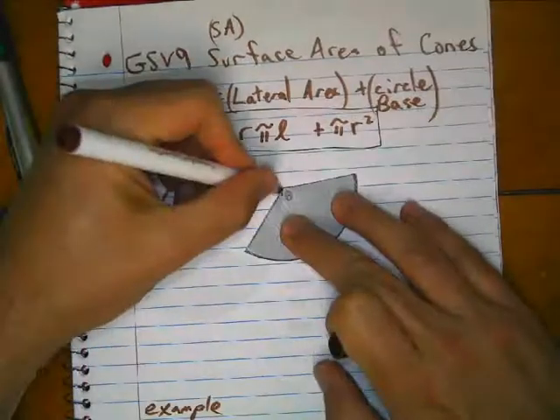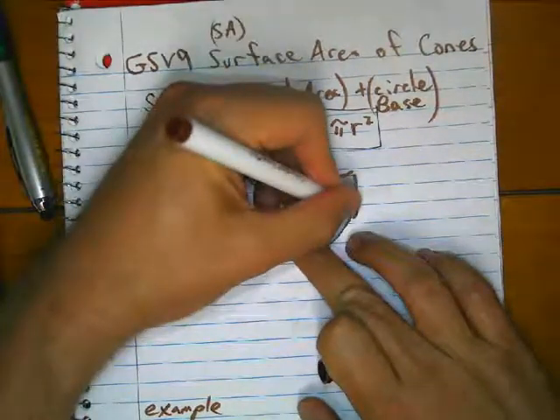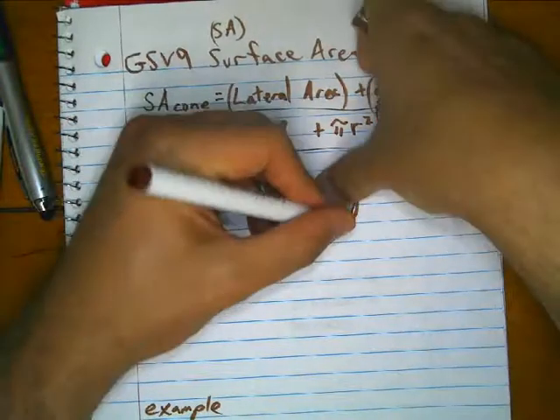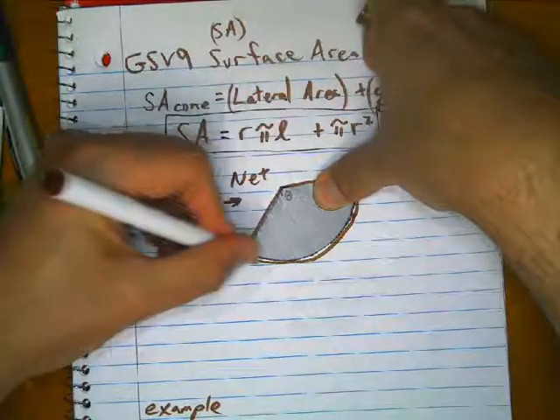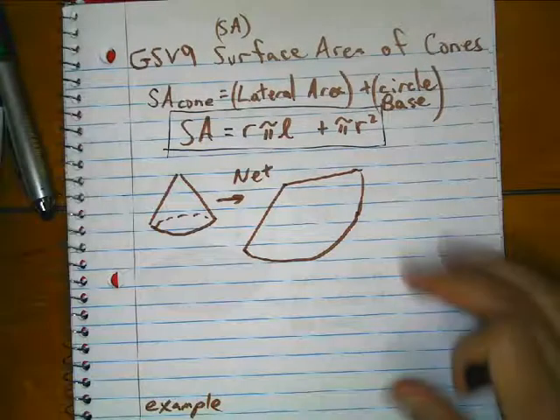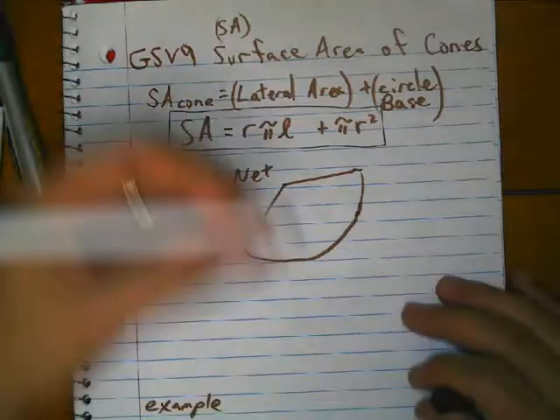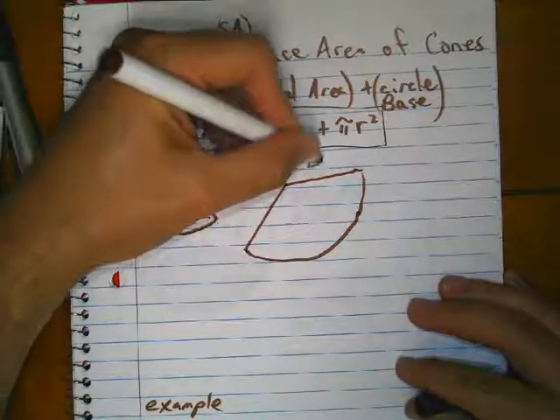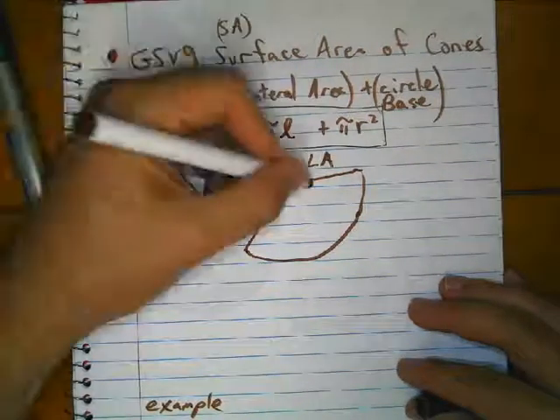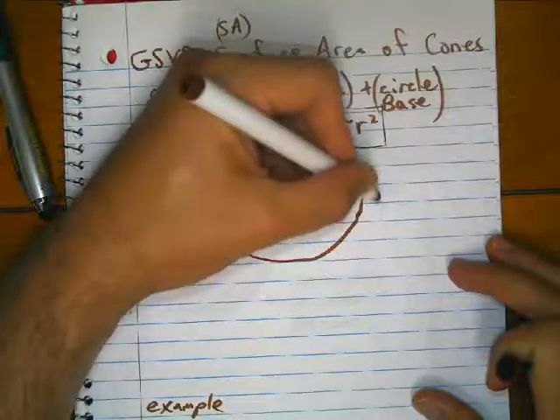Let's just trace it. So this is the lateral area. We'll use LA for short. And then we've got the circle bottom.